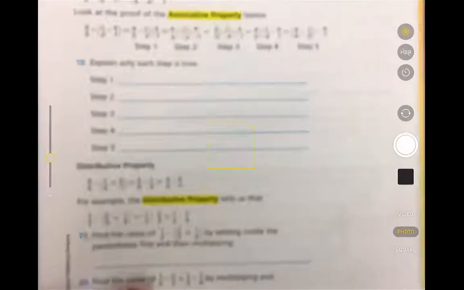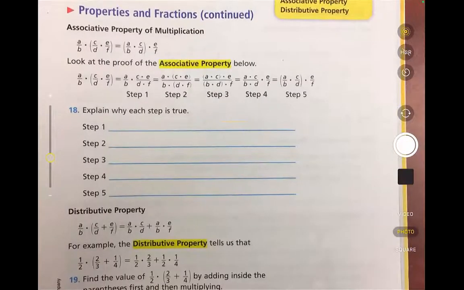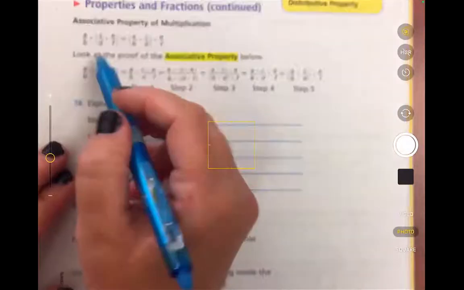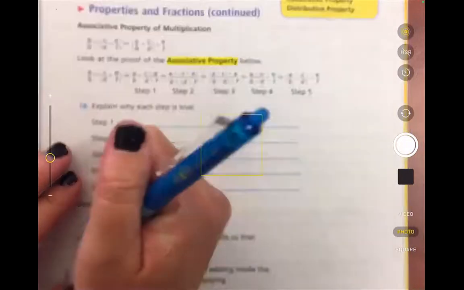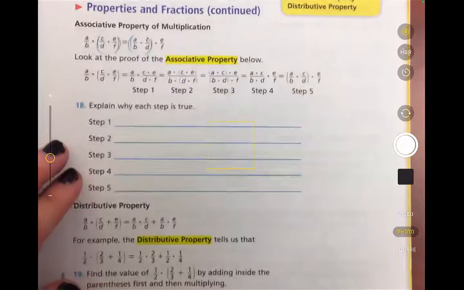Moving on. Associative property, that's our grouping property, right? As long as we have all multiplication throughout, it doesn't matter how it's grouped.